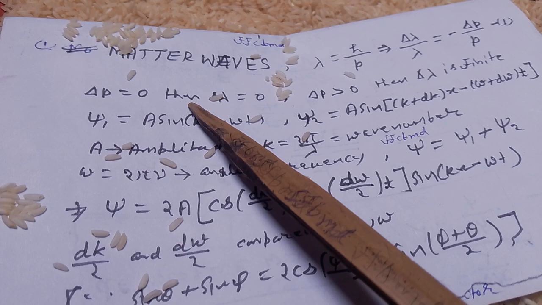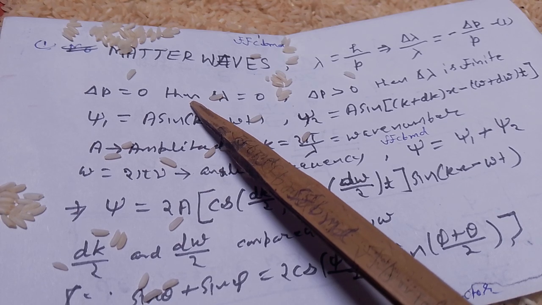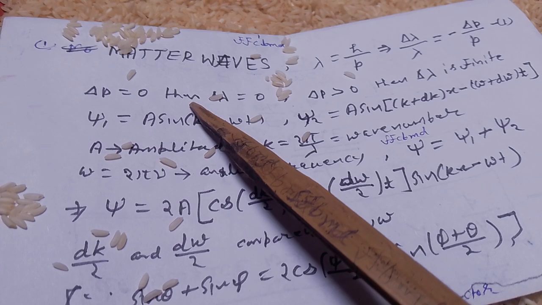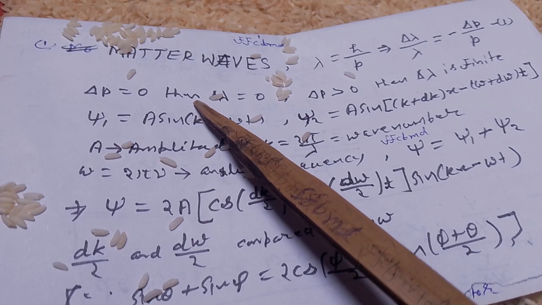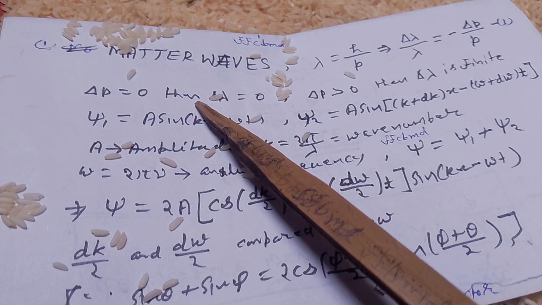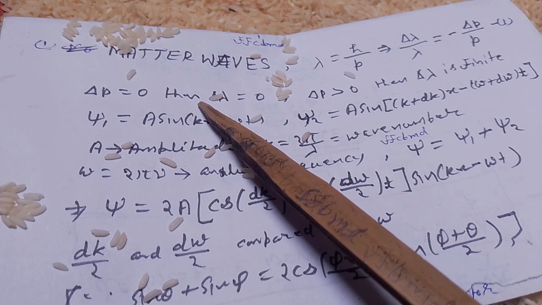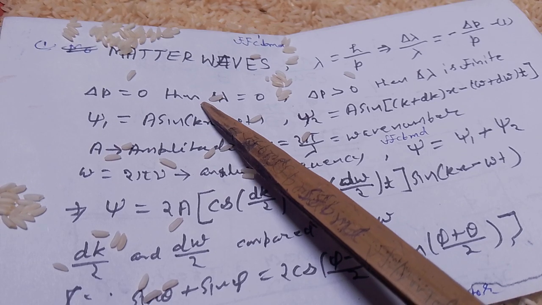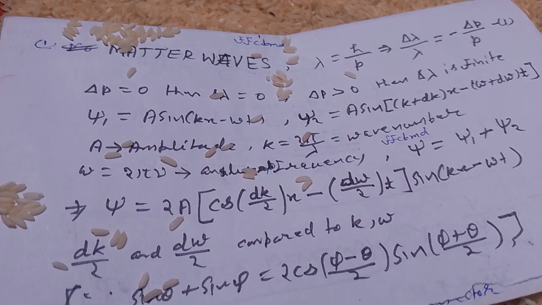We have to look for a new description which should be consistent with the de Broglie hypothesis. What should this new description of matter waves associated with particles be like? Well, for one, matter waves should be associated with the particle in such a manner that the resultant amplitude is non-zero only in the neighborhood of the particle.